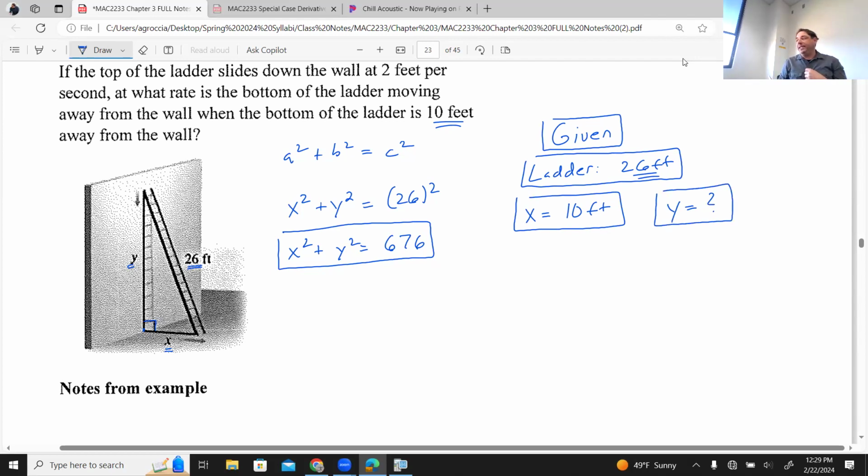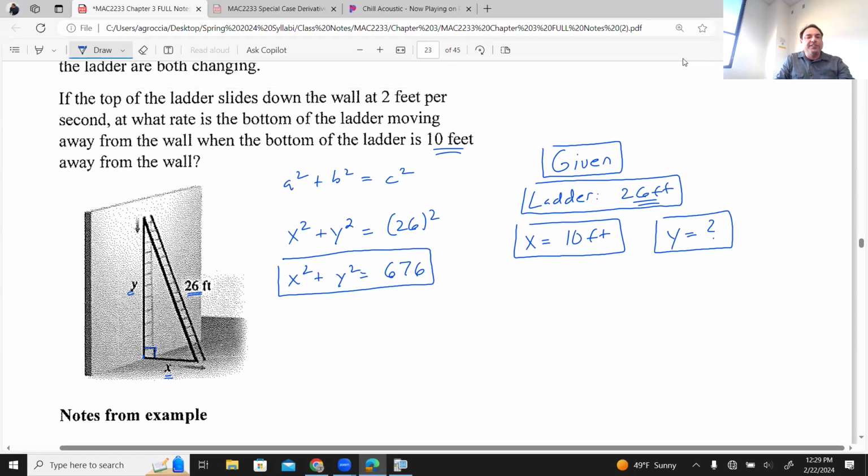They did give me something else. What they gave me was 2 feet. The ladder slides down the wall at 2 feet per second. So it's telling me how y is changing. dy over dt. Let me explain that. dy is the derivative of y, how y is changing, and all of this is over t for time. Now, this is a little tricky.